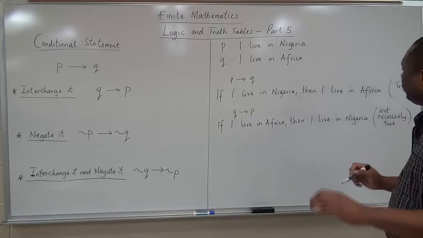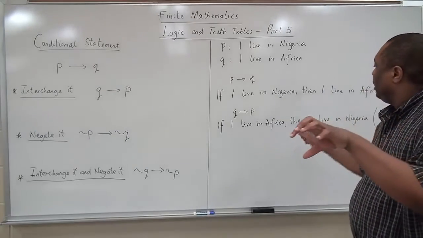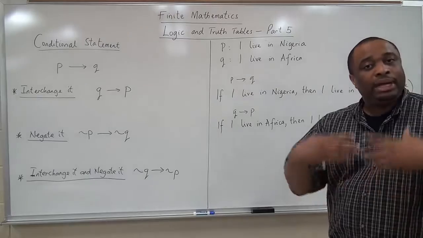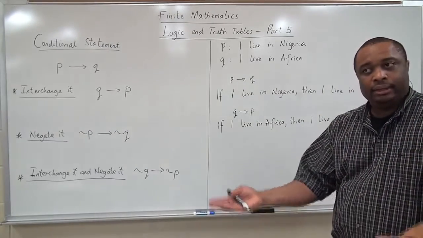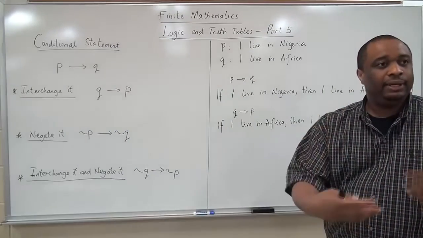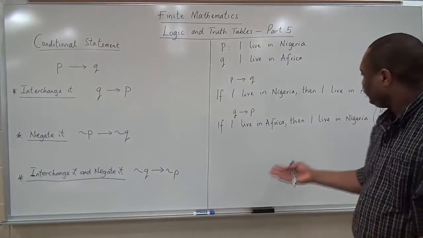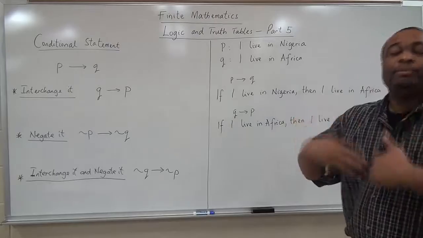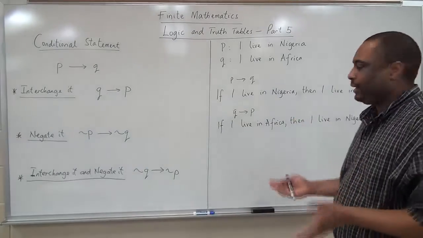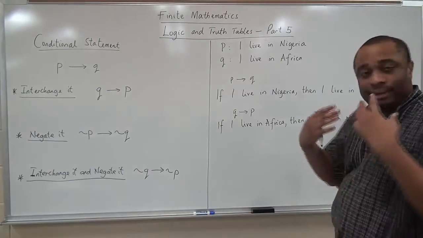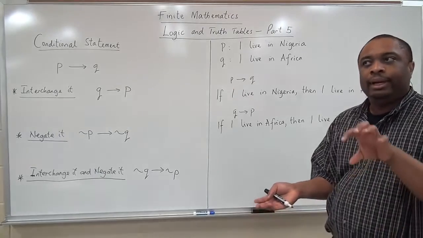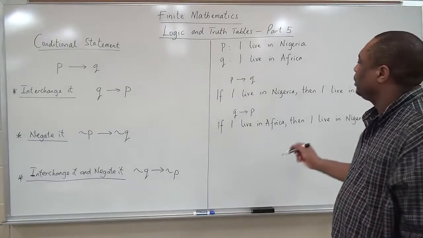You know why? Because if you live in Africa, you can live in Ghana, you can live in Kenya, you can live in Zambia. You must not live in Nigeria for you to live in Africa. So this is not necessarily true.